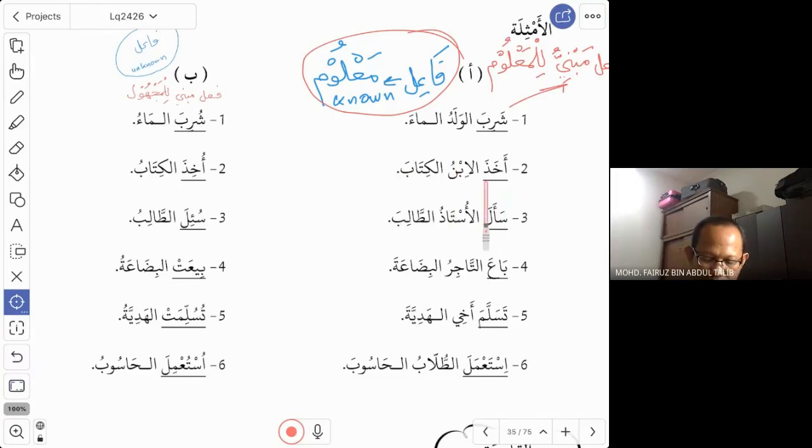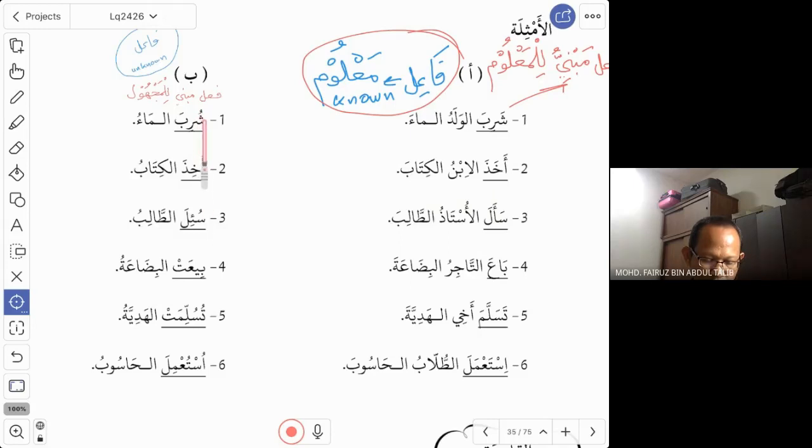So now you want to say the book was taken. You do not want to mention who the fa'il is, or you do not know who the fa'il is. So we change to passive voice. You cannot say akhadha anymore. You change the harakat. So from akhadha it becomes ukhiza. Do you notice this?